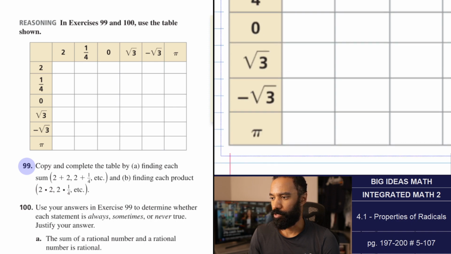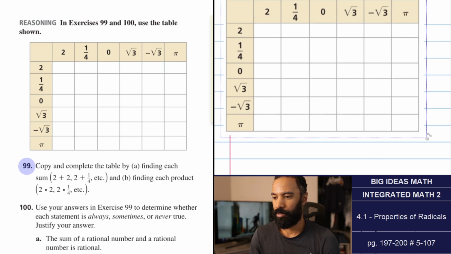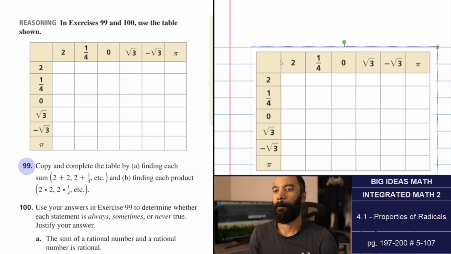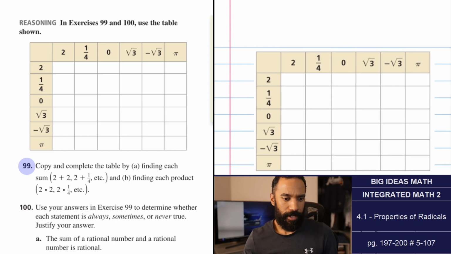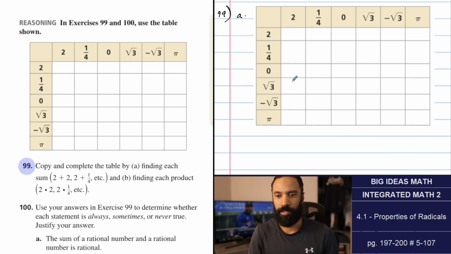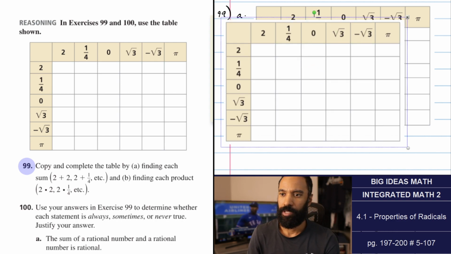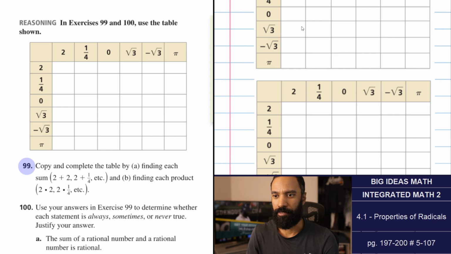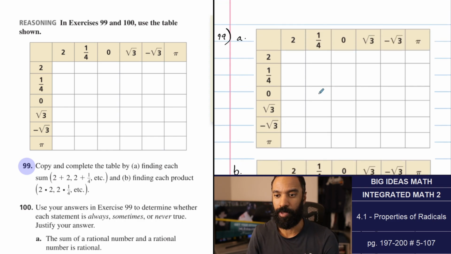Okay, that looks really big now. 99: Copy and complete the table by A, finding each sum, and B, finding each product. So I guess I have to do this twice. I'm going to go pretty fast on this, and I probably won't explain any of it.